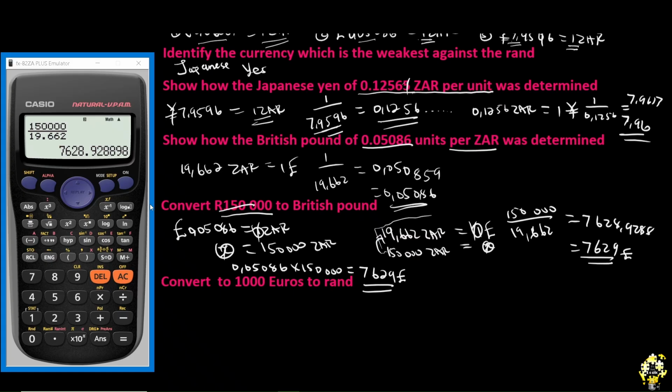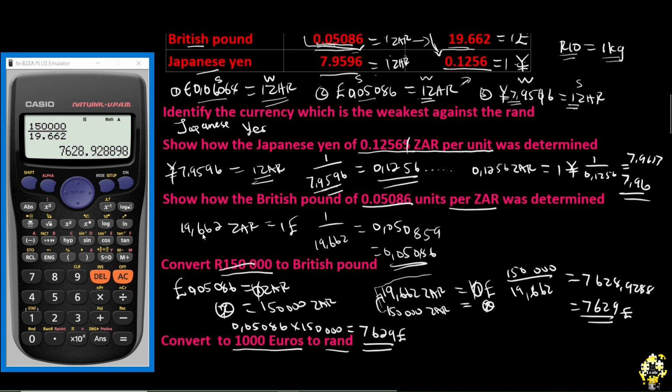Let's repeat it here for the last time. By now, it should be cemented in your brain. Now we are converting 1,000 euros to rands. Let's get those two exchange rates that have to do with rands and euros.